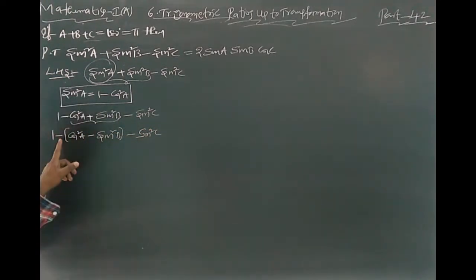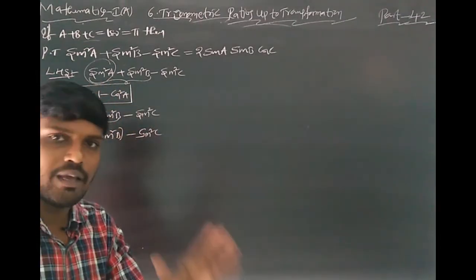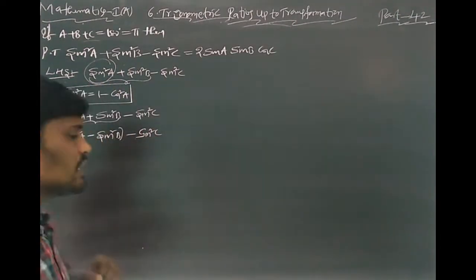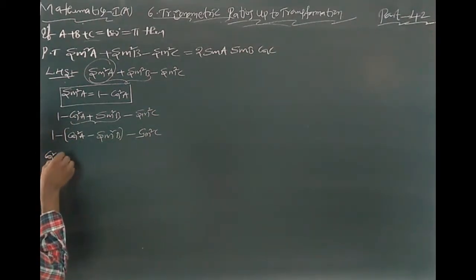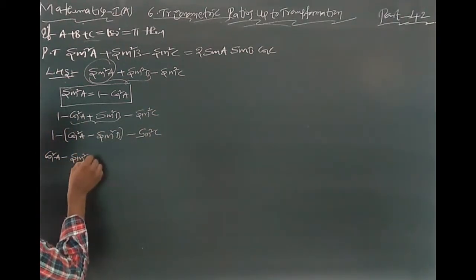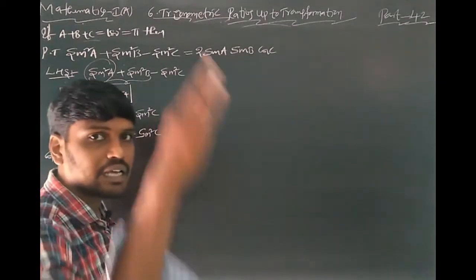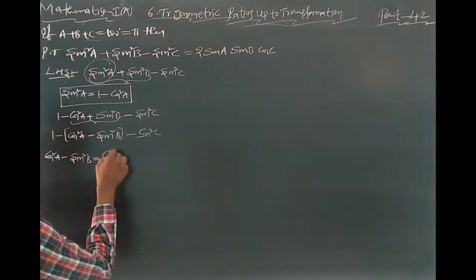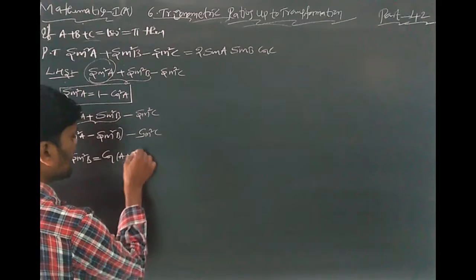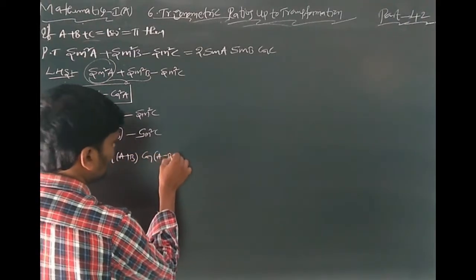See students, 1 minus cos square a minus cos square a, minus into minus plus sin square b. Understood or not students? Here a formula is there: cos square a minus sin square b. What is that formula? Cos of a plus b into cos of a minus b.